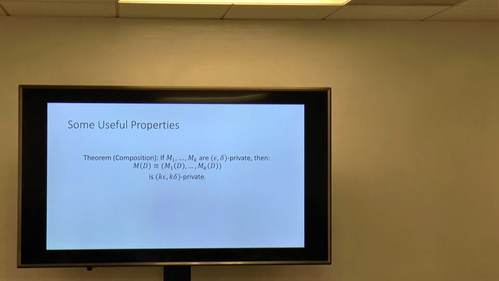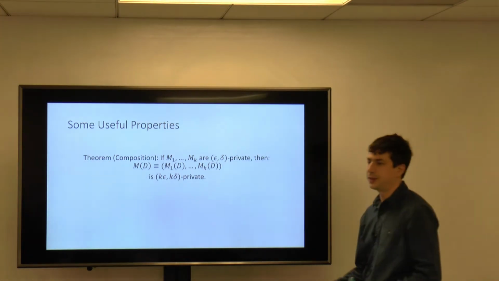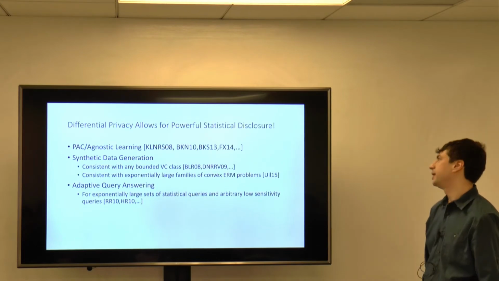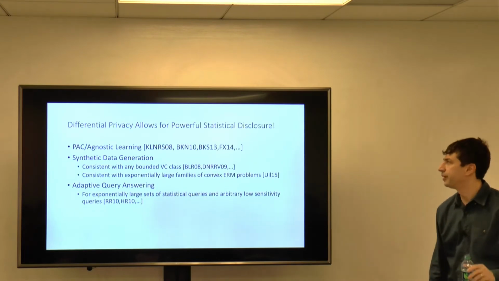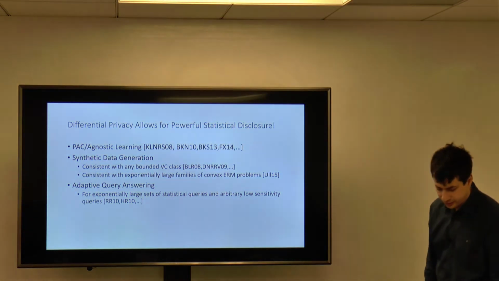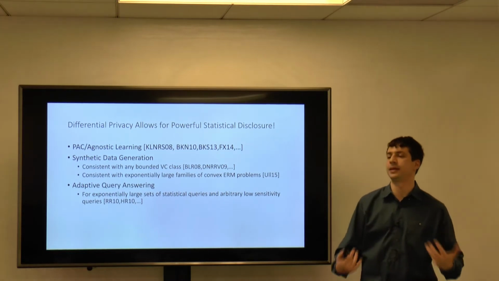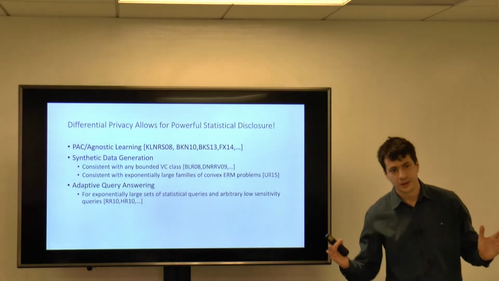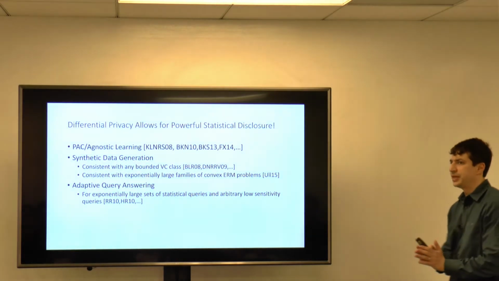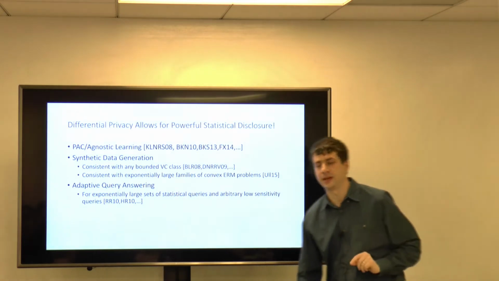It's not interesting, of course, if you can't do anything useful under this definition. And fortunately, there are lots of things you can do subject to differential privacy. There's a sense in which differential privacy is compatible with any kind of statistical data analysis task, anything whose answer is definable based on the data distribution and not based on the particular sample of data you have.